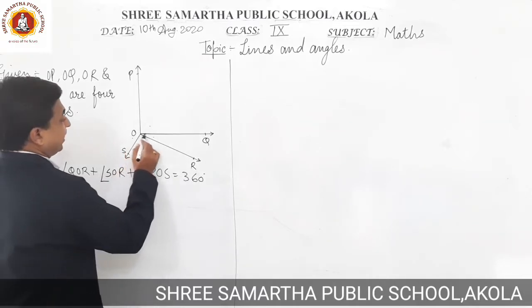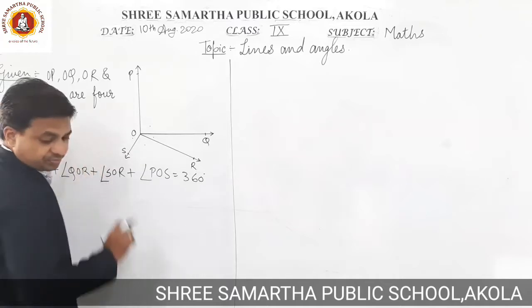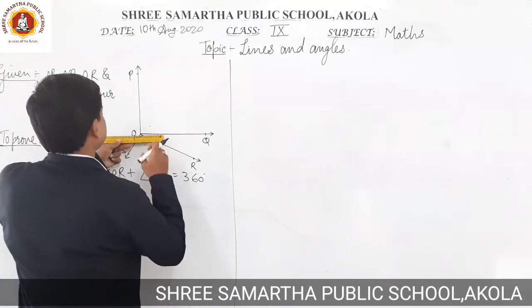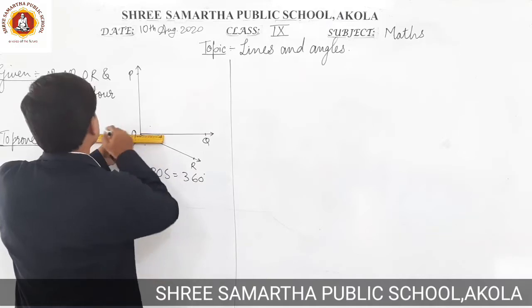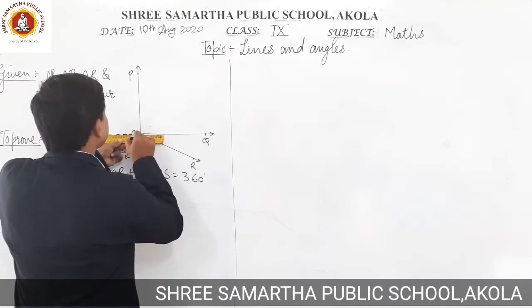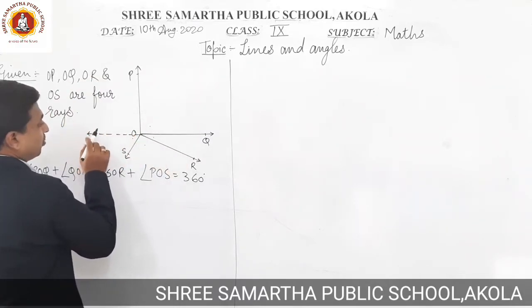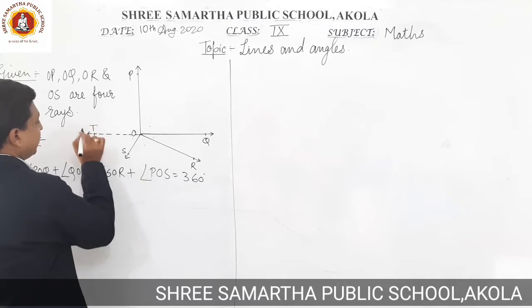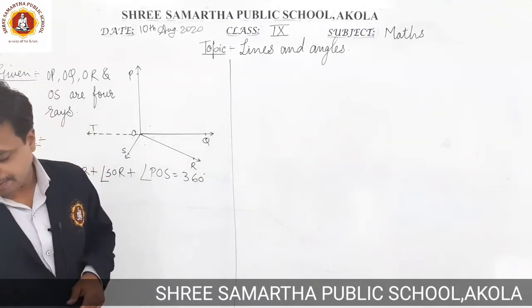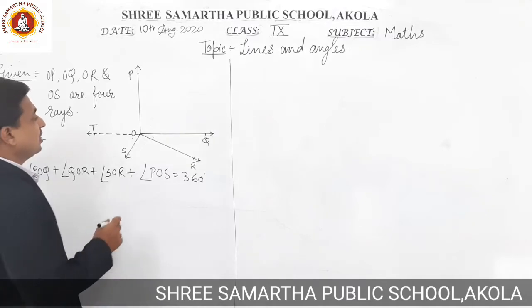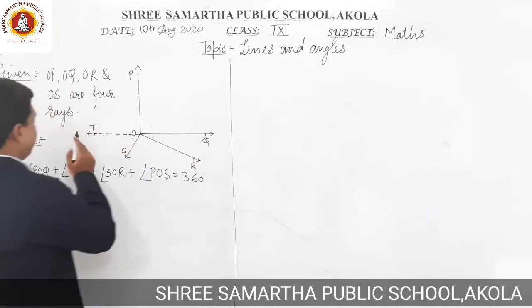Suppose we extend ray OQ. We have extended ray OQ, and suppose this point is T, so we get OT.